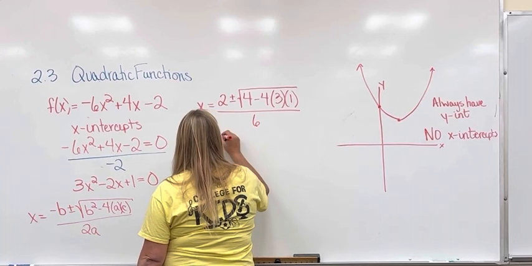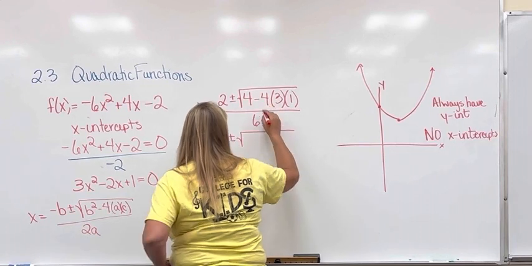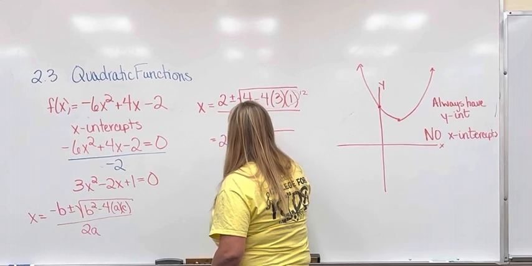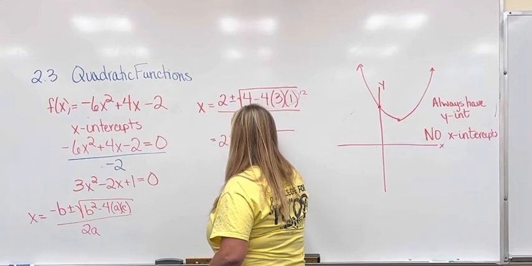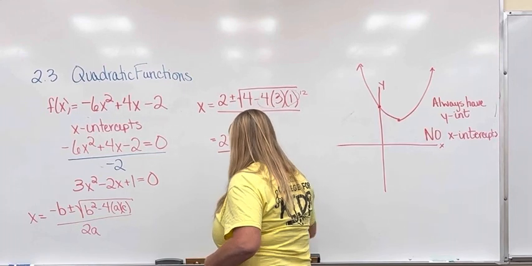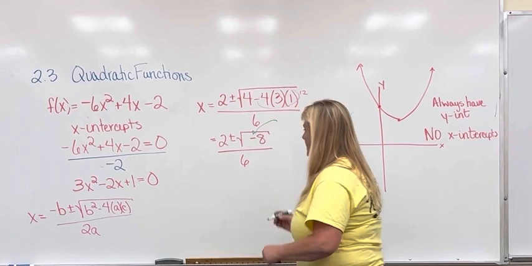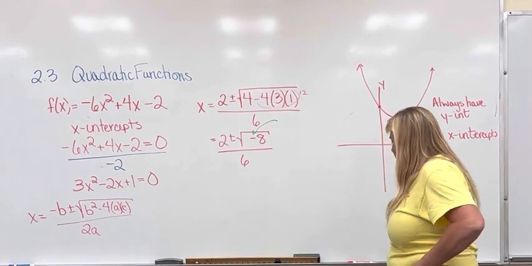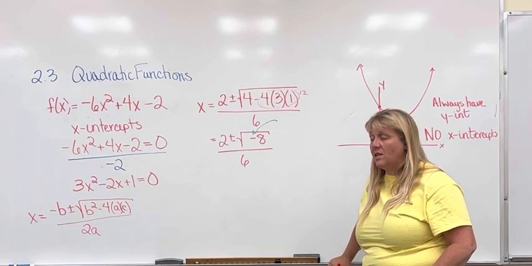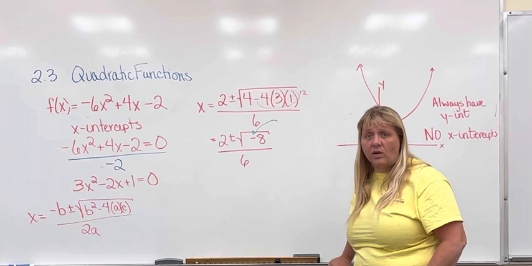Now, as we simplify this, remember, we're looking for x-intercepts, but this part right here is 12. So we have 4 minus 12, which gives us negative 8. Do we end up with an issue right here? Sometimes when we set our equation equal to 0 to find our x-intercepts, we end up with a negative underneath the square root.